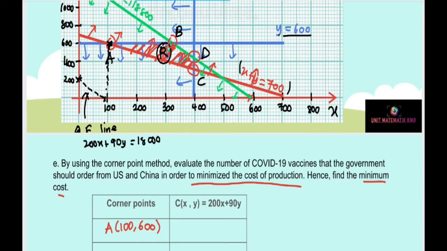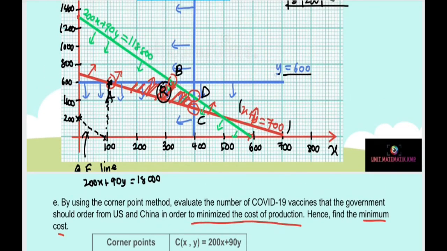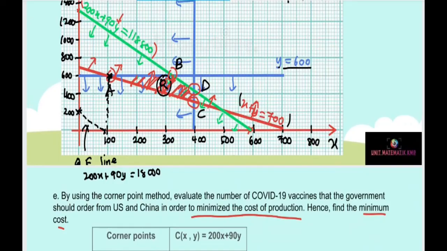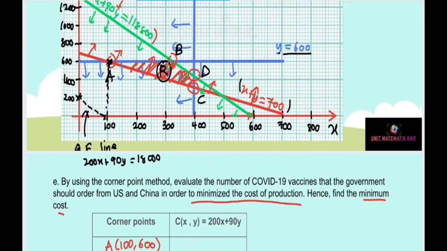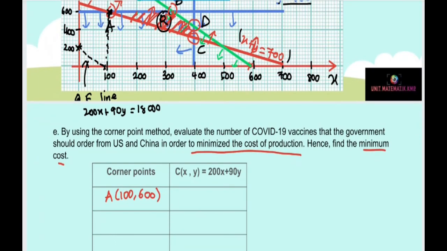Same as before, we already know the value of y is 600, so just substitute y equals 600 into the green line equation to get the value of x. So the point B is 324 and 600.